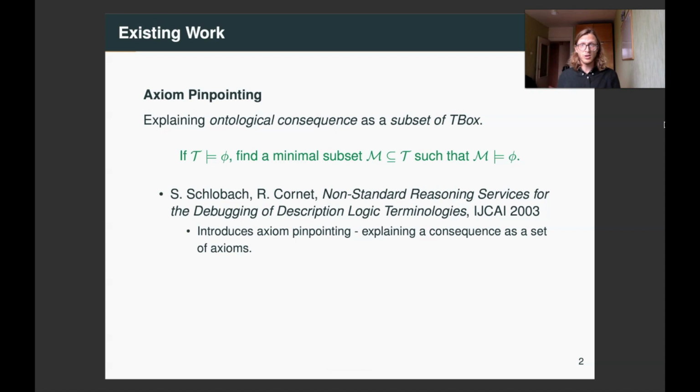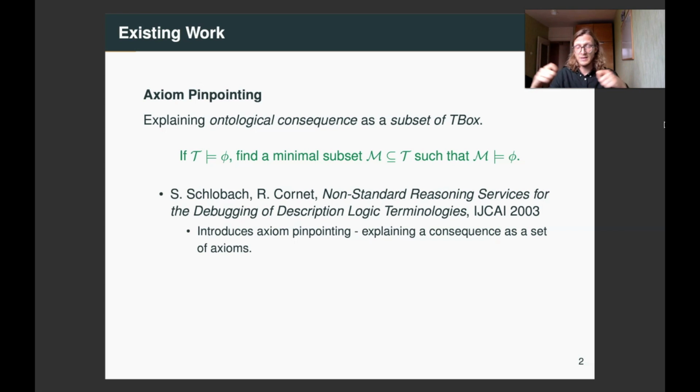Later, in the description logics community, axiom pinpointing came about. That is, given an ontology, a T-box, that expresses common sense knowledge, we aim to explain ontological consequences. That is, why a particular T-box entails some particular axiom.